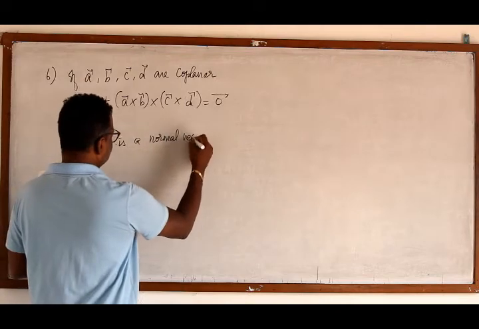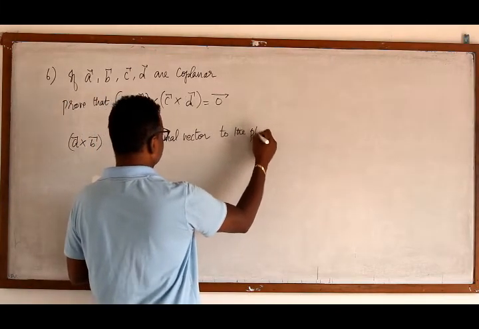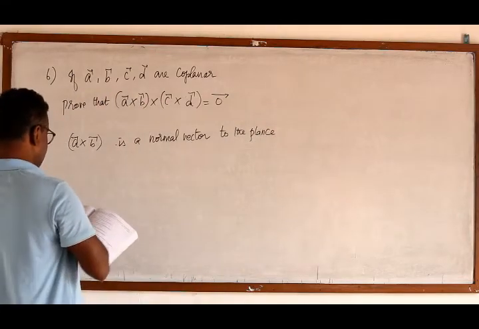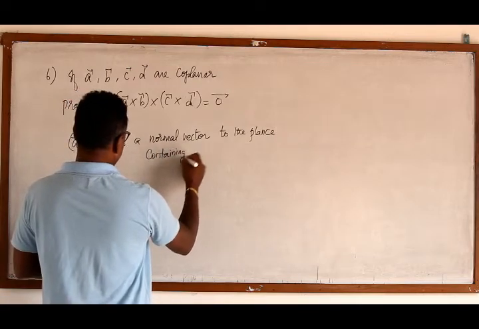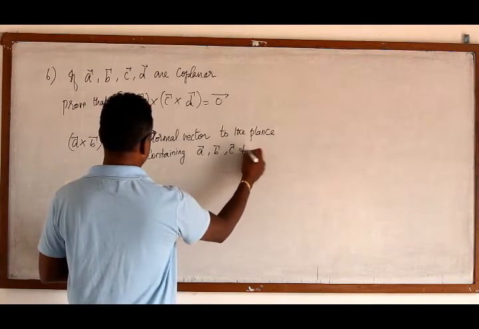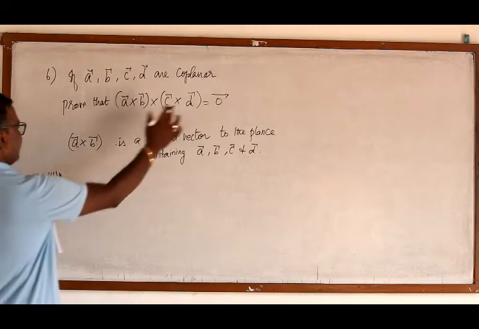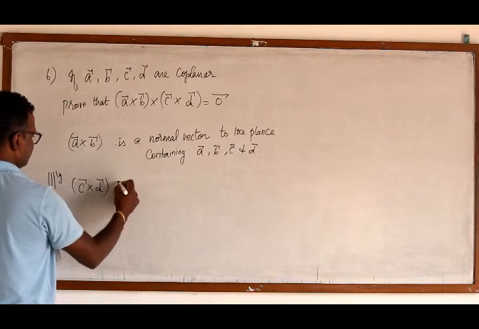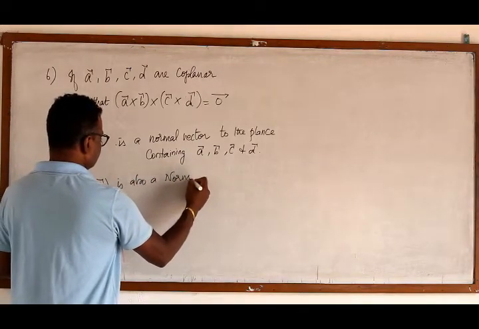Normal vector means perpendicular vector to the plane containing all these 4 vectors, containing A vector, B vector, C vector and D vector. Similarly, we are finding C cross D, then C cross D is also a normal vector.